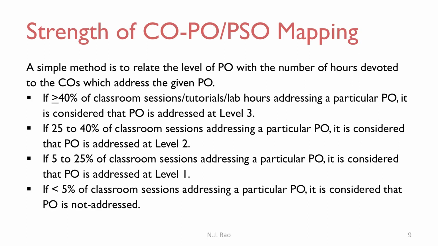One simple method is to relate the level of PO with the number of hours devoted to the COs which address the given PO. That is one of the reasons why we requested that when you write a CO, you associate the approximate number of classroom sessions you are going to take. One thing you should remember, these processes are not exact.